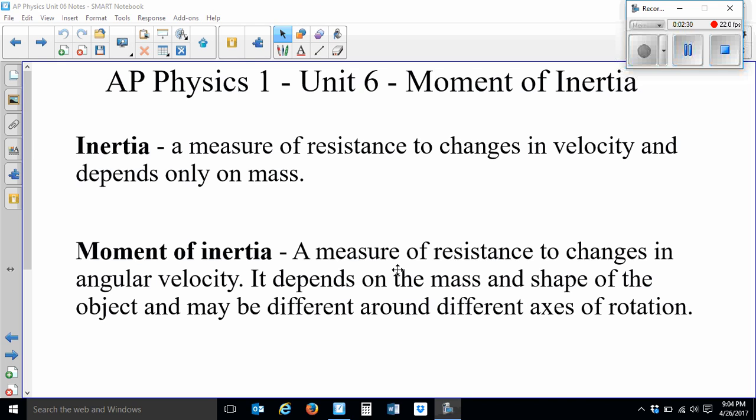If something is a hollow sphere versus a cylinder versus a box versus any other shape you can think of, all of those are different. Even if they have the exact identical mass, they are either easier or harder to change their angular velocity. They have more or less resistance to that change.